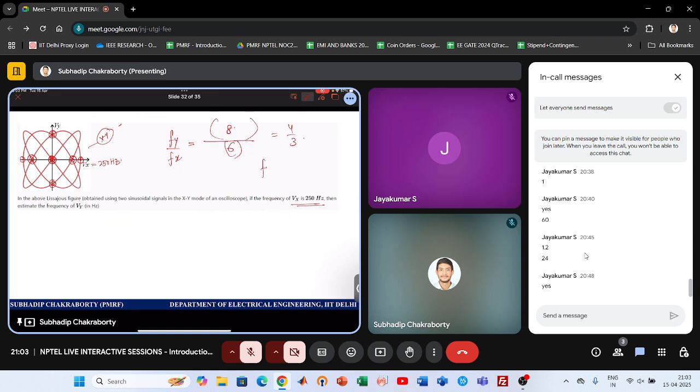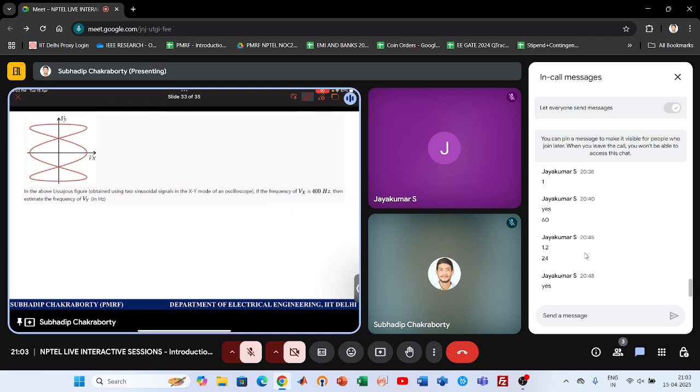So if I know fx, then fy will be 4 by 3 into 250, around 333 hertz it will come. And similarly for the next problem, how many horizontal intersections are there? 1 and 2.